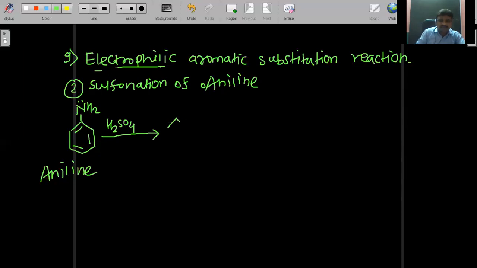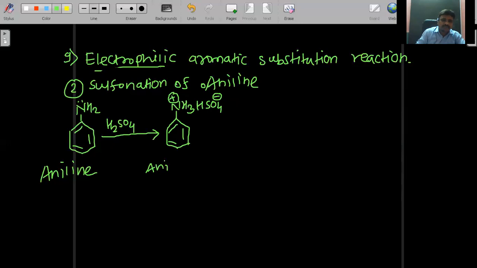So this base captures H plus, means NH2 gets converted into NH3 plus. Now hydrogen is lost, so H2SO4 is converted into HSO4, and this oxygen carries negative charge.